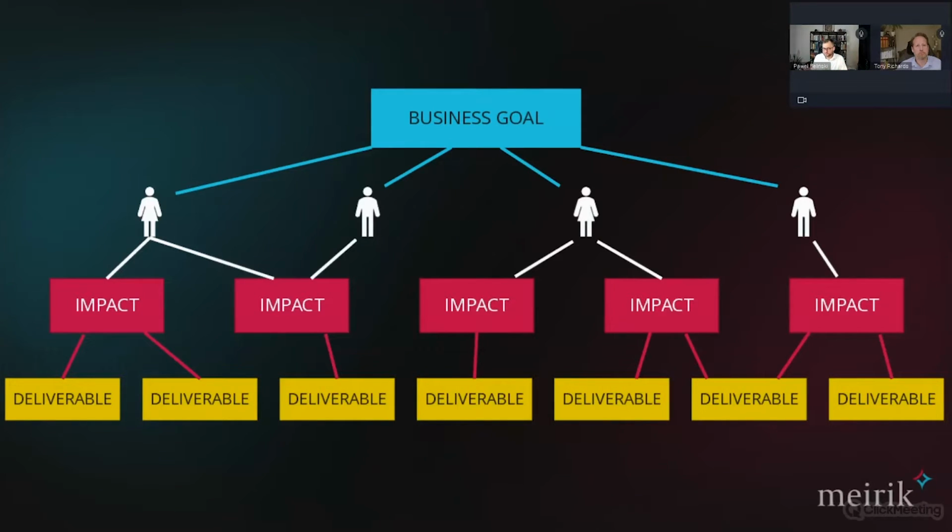So that's one level. Another level, I believe, is the level of impacts indeed. I'm not sure if business wants to have this kind of conversation, what is more important to implement, this button or that functionality, but on the level of impacts, do I want customers using my product to use it more frequently, or am I keen to bring customers that are not yet using my product at all?